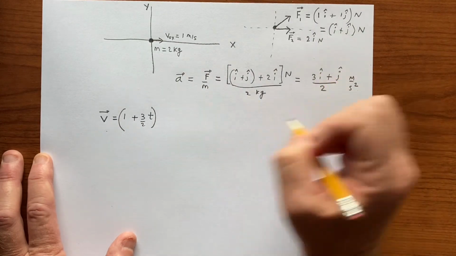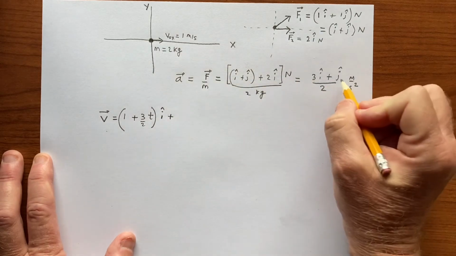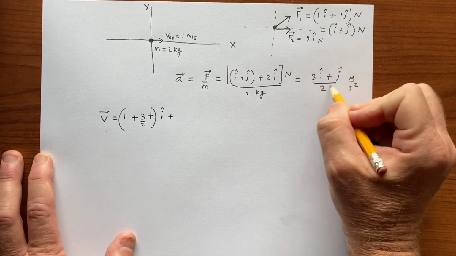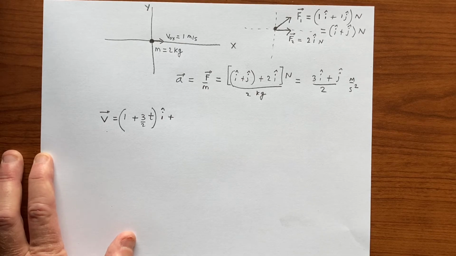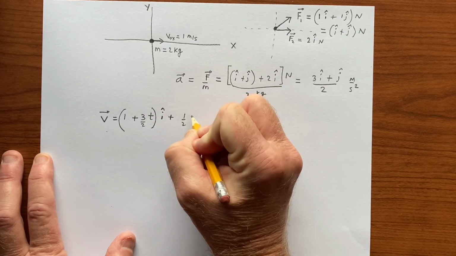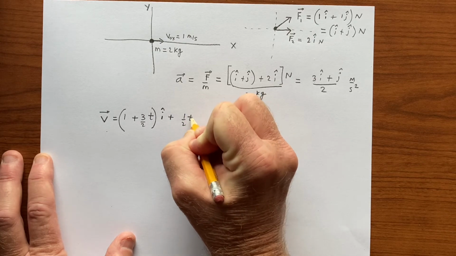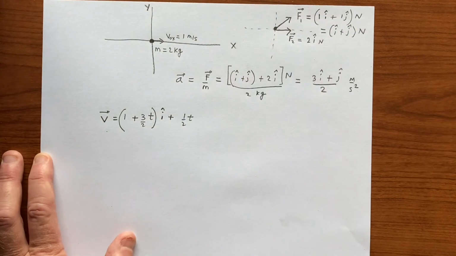We're integrating this, I hat plus, I have 1/2 for the y component. So I have 1/2 times t plus v naught y, but there's no v naught y.